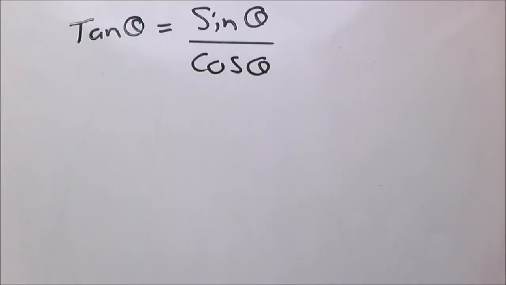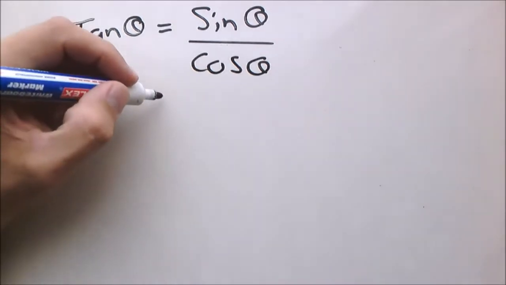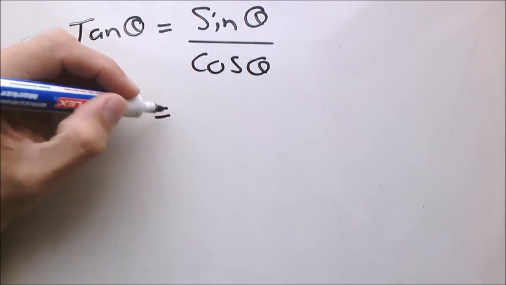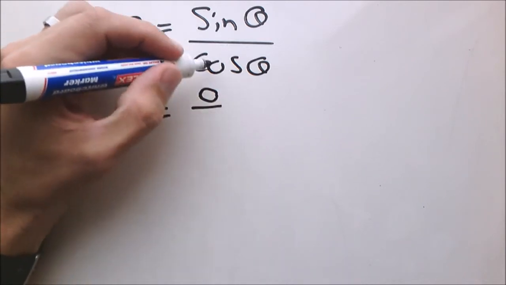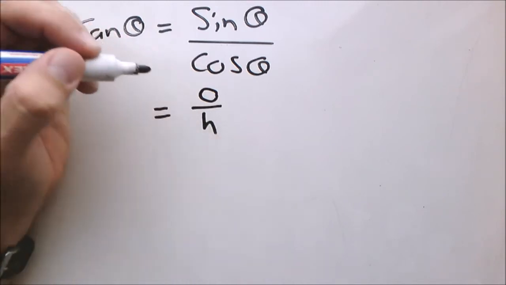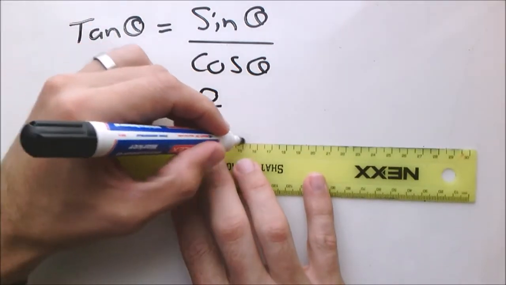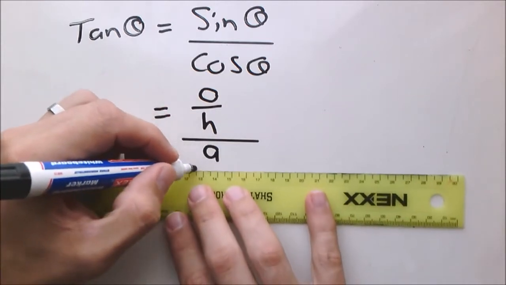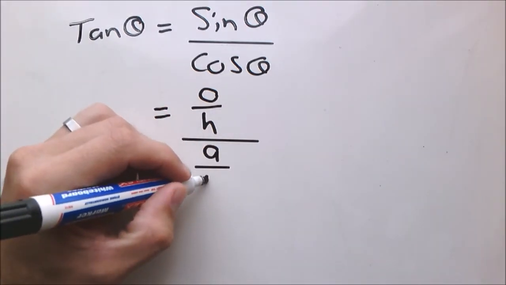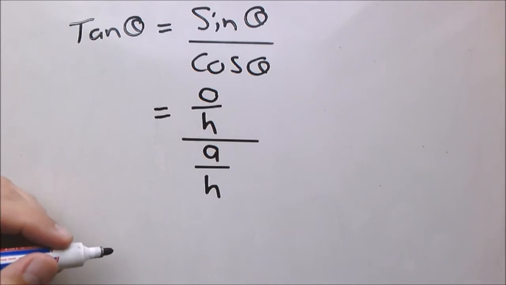Now let me just show you in principle that this is true. I'm not going to use values, I'm going to use definitions. So sine theta is opposite divided by hypotenuse, and cos theta is adjacent divided by hypotenuse.